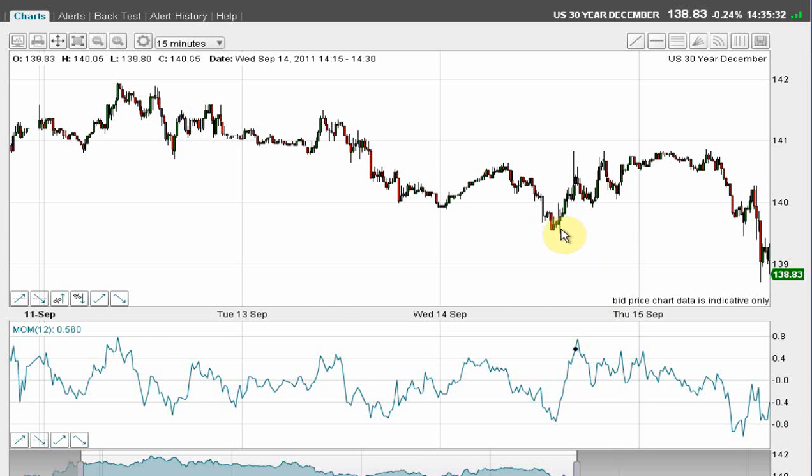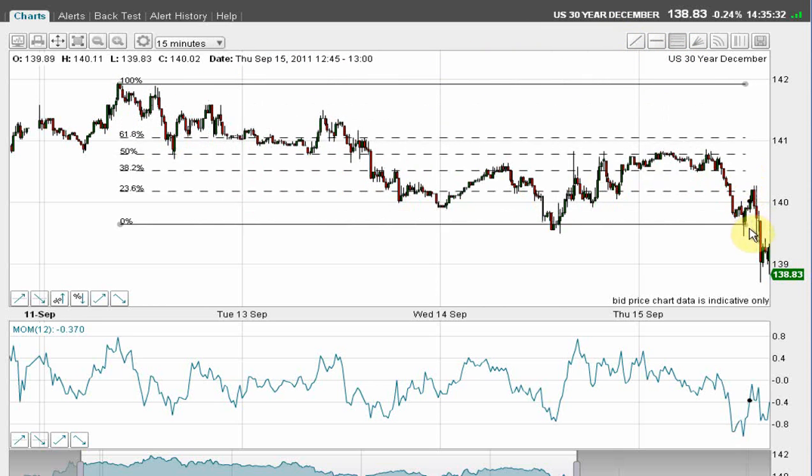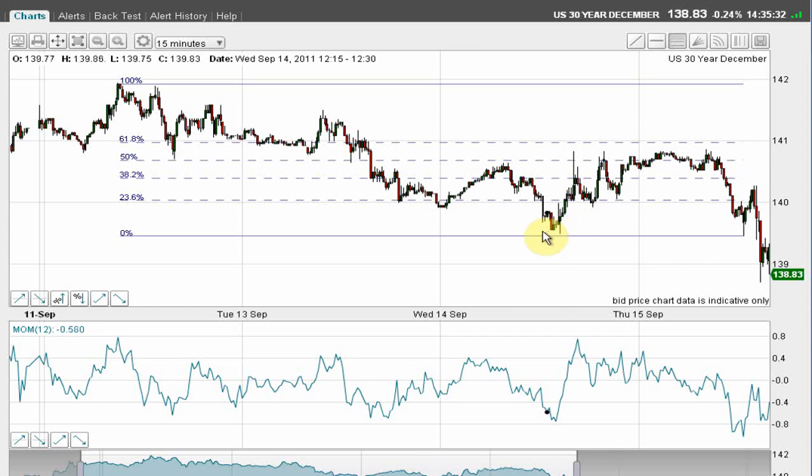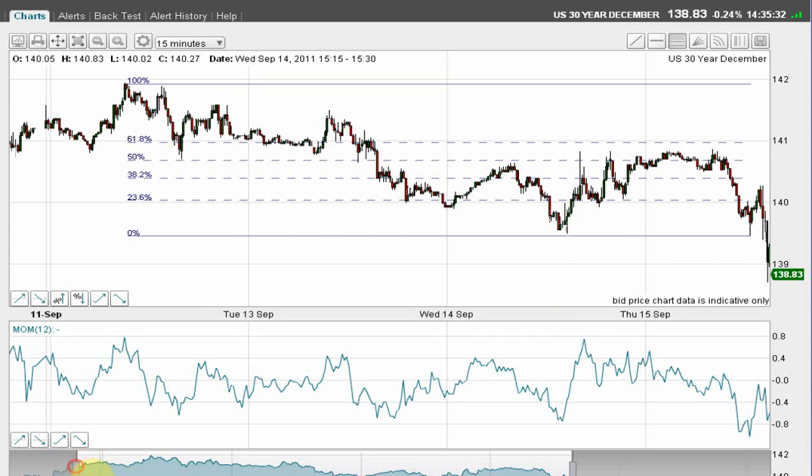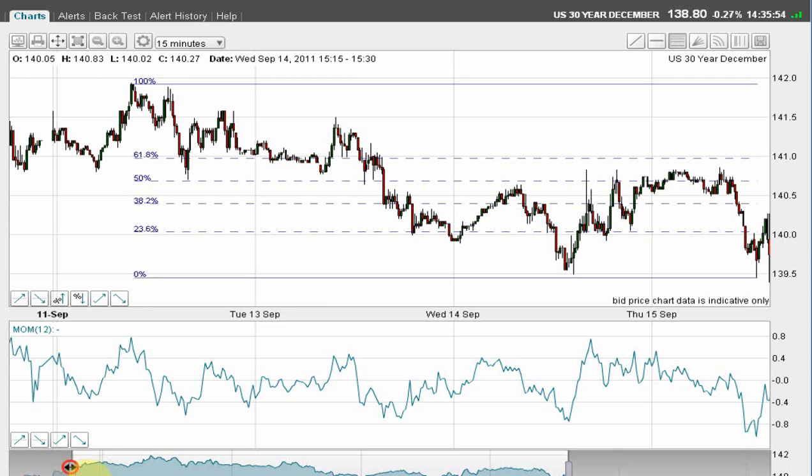This is a significant low here, some very choppy action. I want to know how high this is likely to go. So let's get the Fibonacci tool working. That's my high. That's my low, just about there. And I'll squeeze this up. There we go.